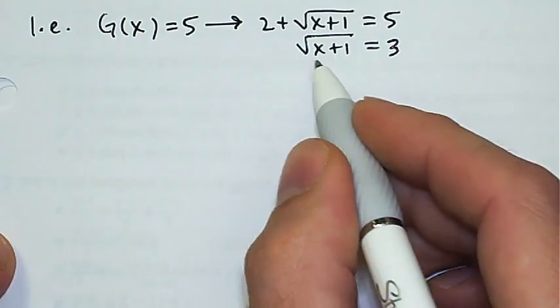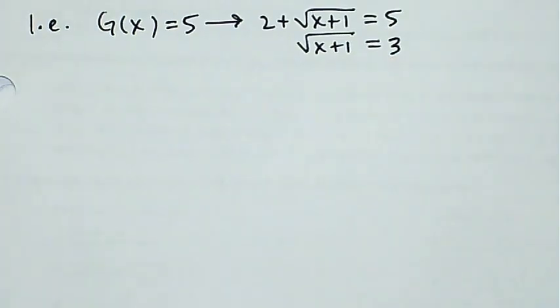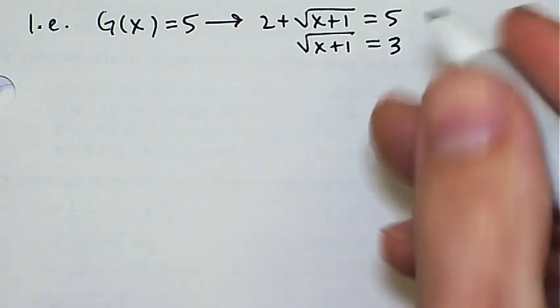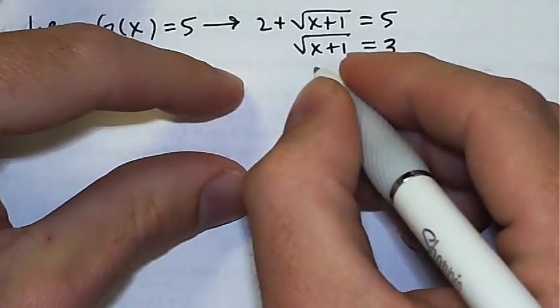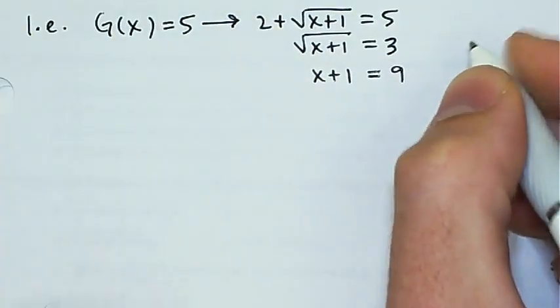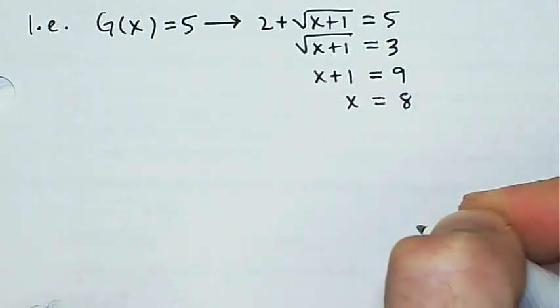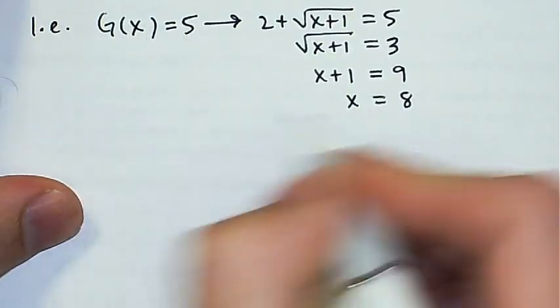Okay. Then I'm going to square both sides, and I might remind you that when we squared both sides of an equation, we were solving a radical equation. We did need to check for extraneous solutions. I don't think that's going to happen here, though. So I'm going to square both sides, and I'll have x plus 1 equals 3 squared, which is 9. And then you subtract 1 from both sides, and you've got x equal to 8. So I'm going to say g inverse of 5 equals 8.